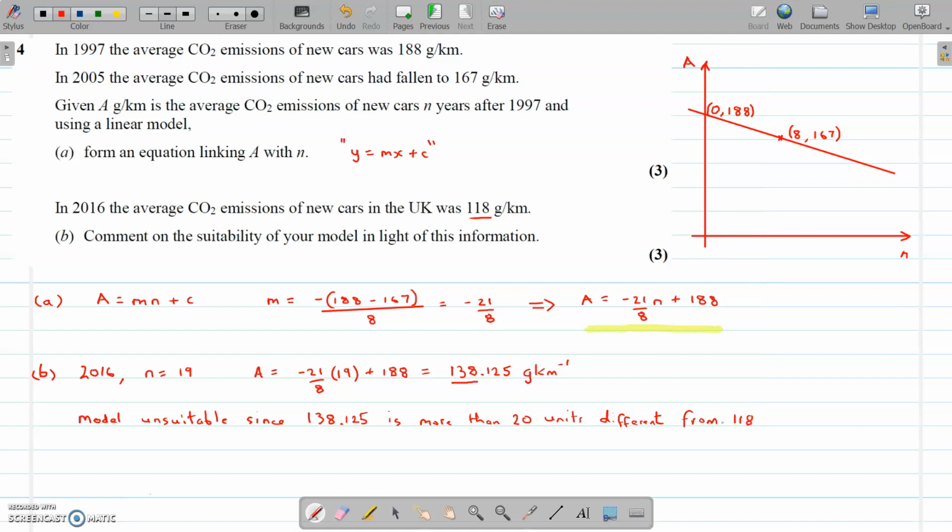Or something like that. Something that acknowledges you've recognised that there is quite a gap between those two figures. Okay, and that's that question done.